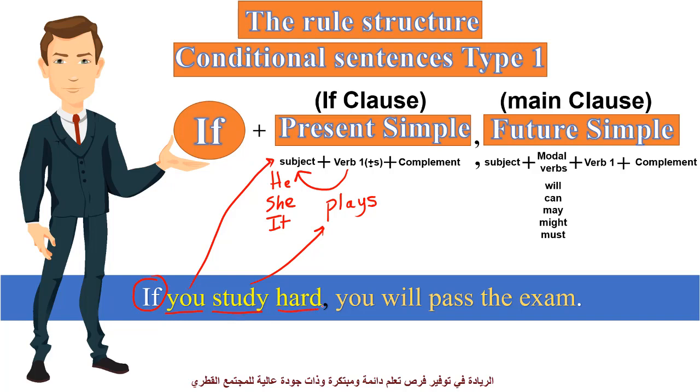Hard is a complement. Do not forget the comma. Then the future simple sentence, you is the subject, will, pass is verb 1, which is the base form of the verb. The exam is the complement.